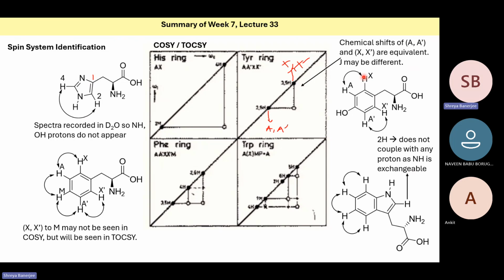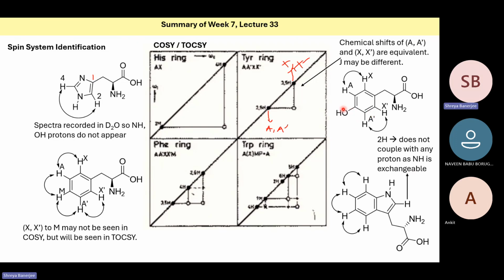Again, XX prime will appear at the same chemical shift because their chemical environment is similar. Then between A and X, you will see one TOCSY cross peak, and between A prime and X prime, you will see another cross peak. Both will appear at the same position. So this kind of pattern in the TOCSY spectra can be assigned to tyrosine.